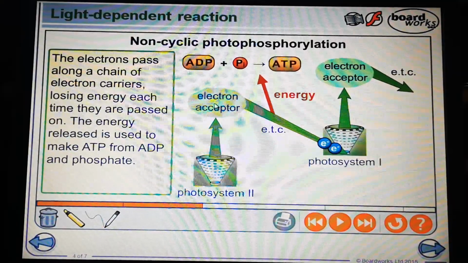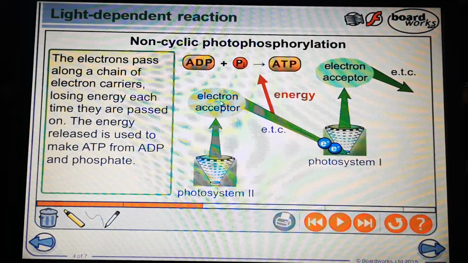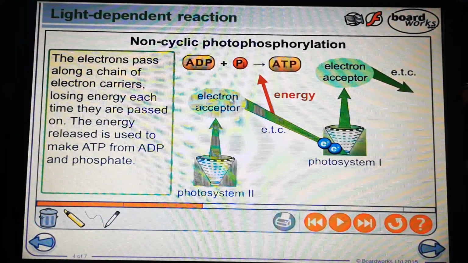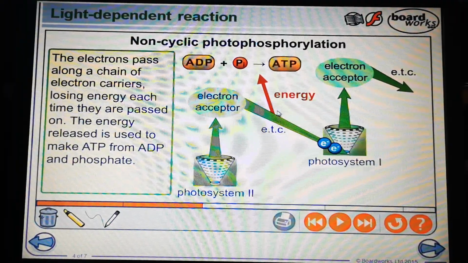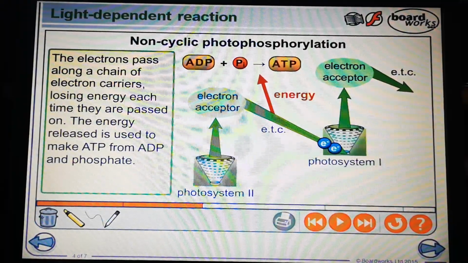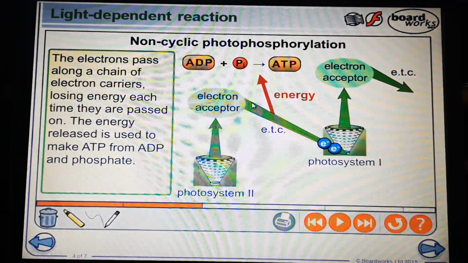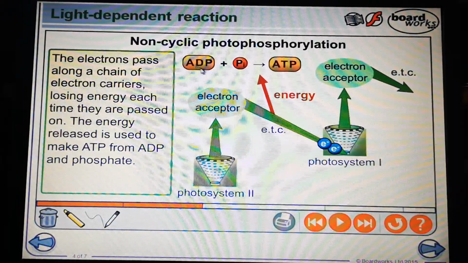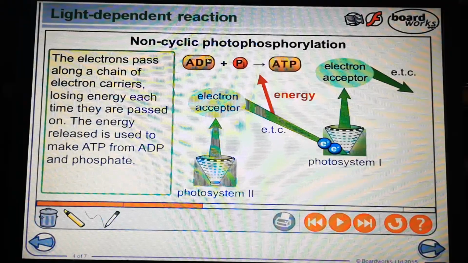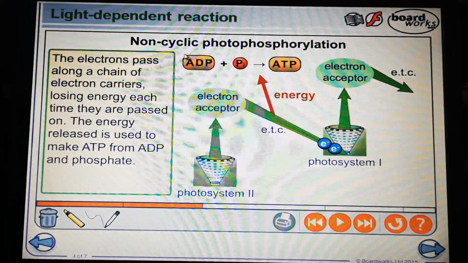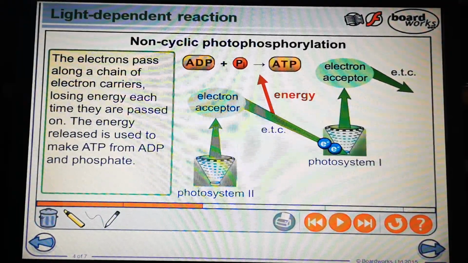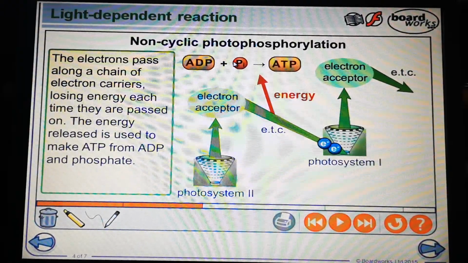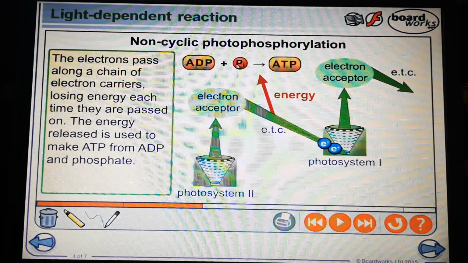Now, as you can see, the pair of electrons, as they're being moved from one molecule to another, they're actually moving down the electron transport chain, and as they move down, energy is being released each time they get passed on, and that energy that's been released is going to be used to combine a molecule of ADP with an inorganic phosphate. So the energy is going to cause these two to join together to give you a molecule of ATP. So that energy is going to be stored in this final bond that joins those two together.